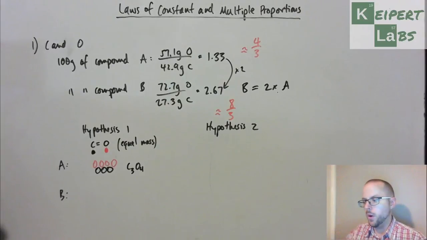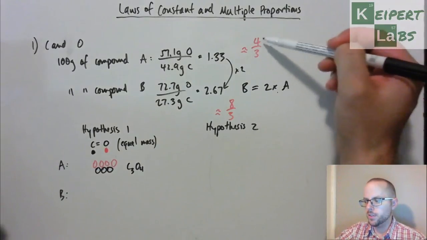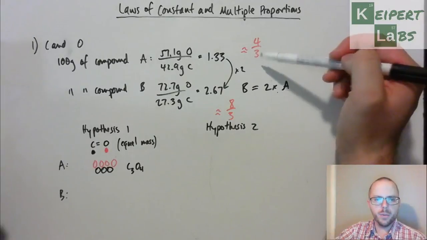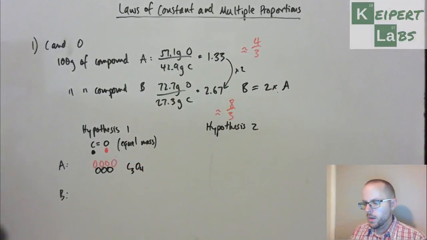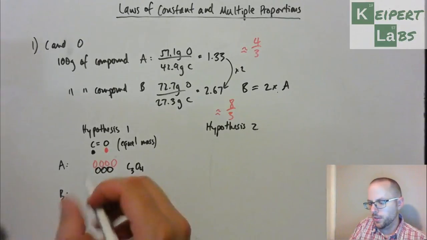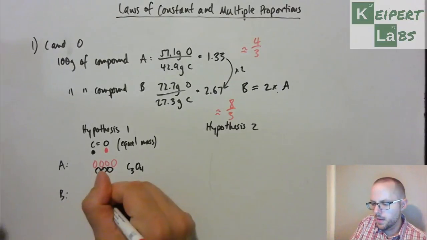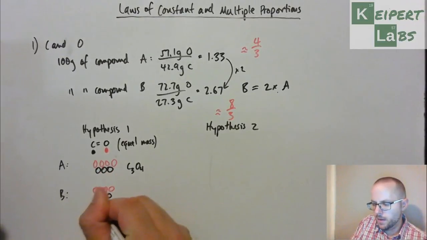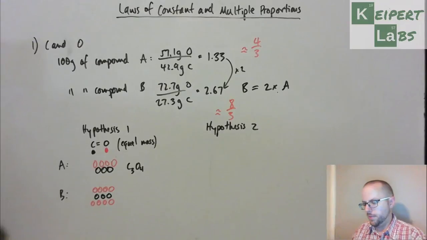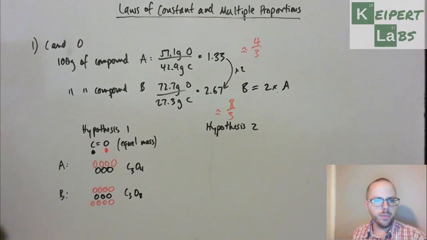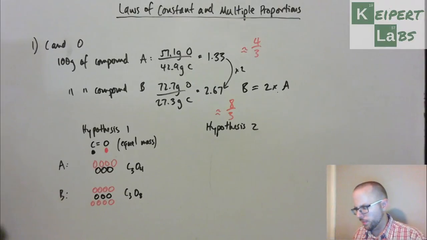That would explain why we have 4 times the mass of oxygen for every 3 of carbon. And then it follows that for B, we've got an 8:3 ratio. So let's say we've still got 3 carbons, but now we have 8 oxygens to account for the difference in mass. So we've built these 2 different compounds. We've proposed a reasonable formula for them that we worked through.